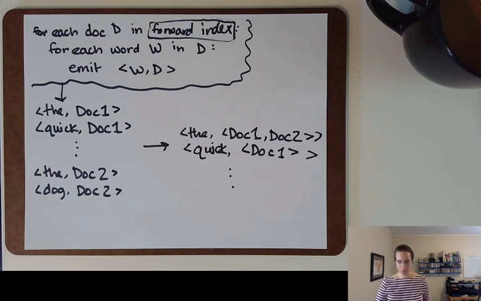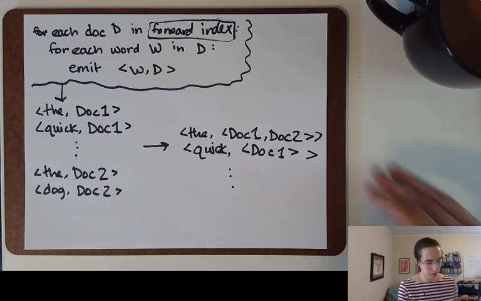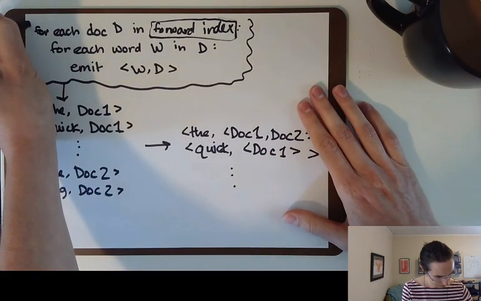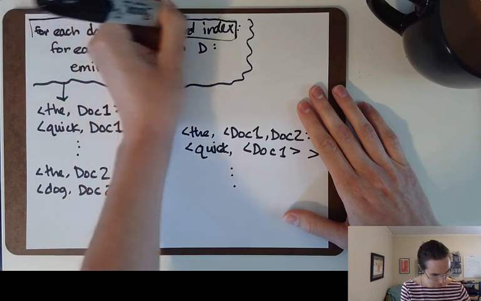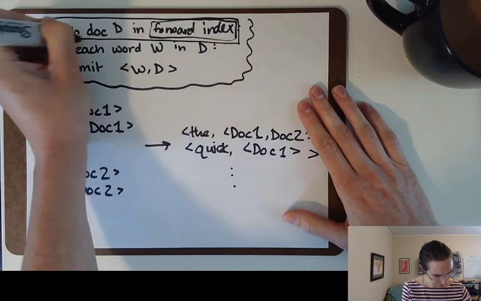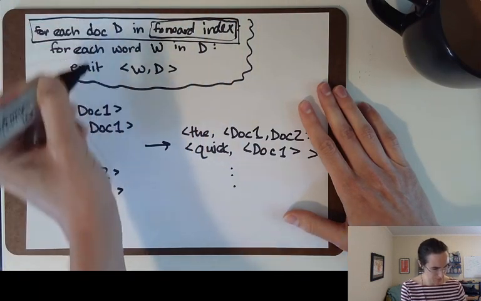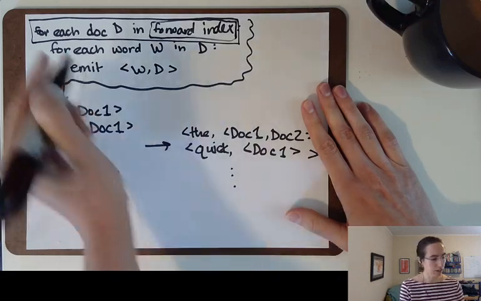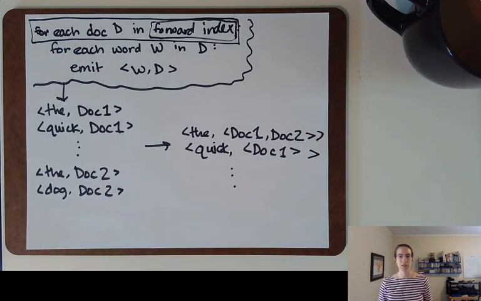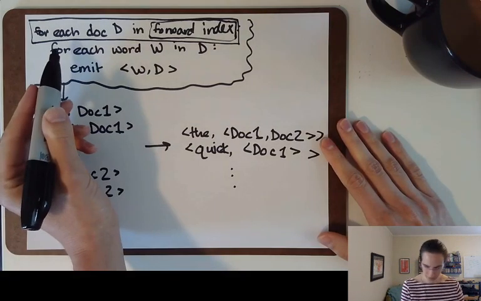So, in other words, this outer loop here, this for each document, could be done in parallel for all the documents. Even if there were only one document per machine, that's not how it's going to be. It'll be like many documents per machine. But it could be done in parallel for all the documents.